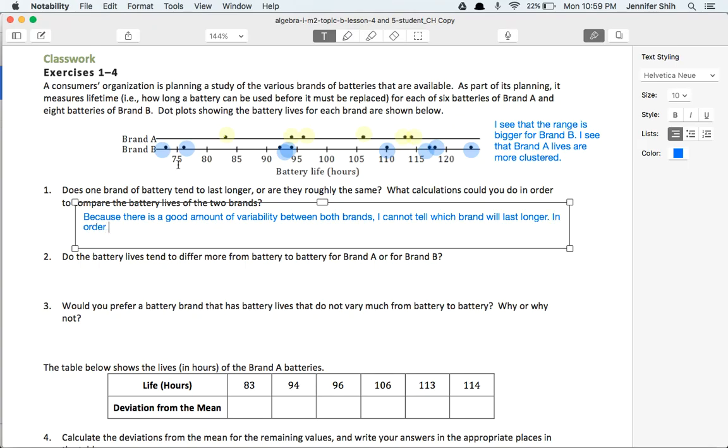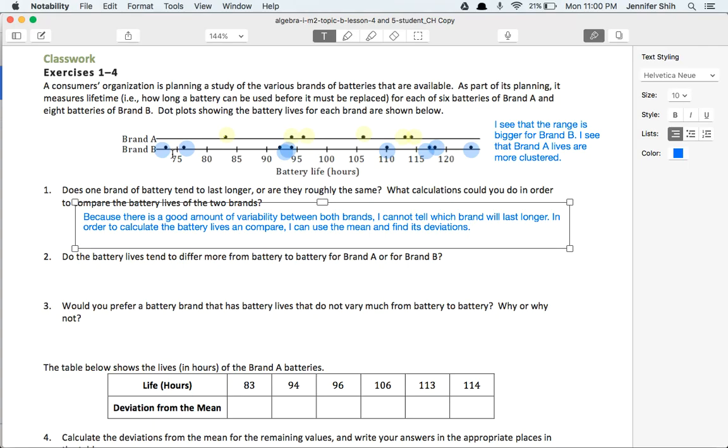In order to calculate battery lives and compare, I can use the mean and find its deviations. The more it changes, the more inconsistent it is.